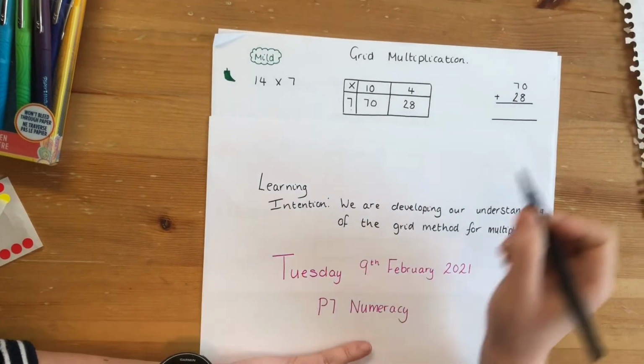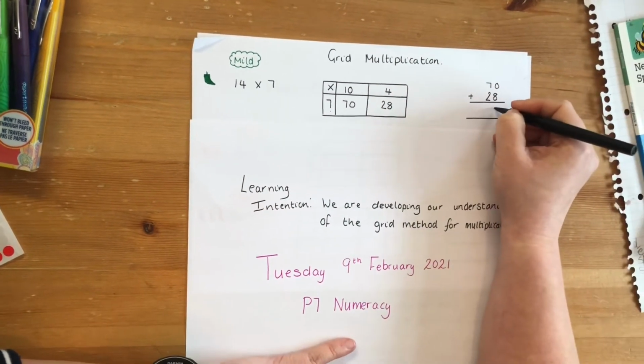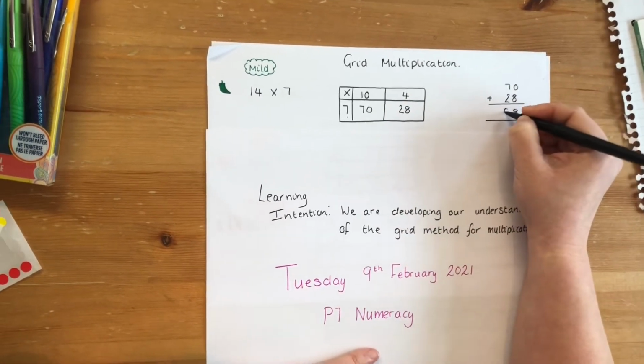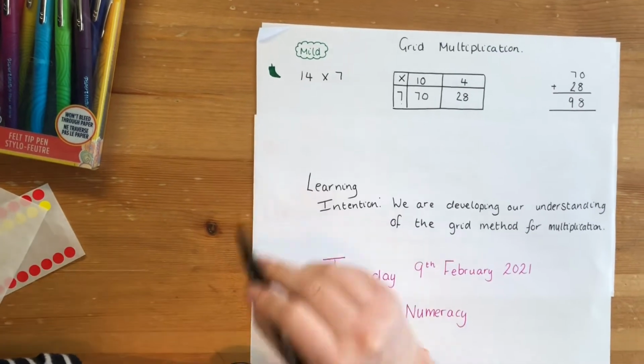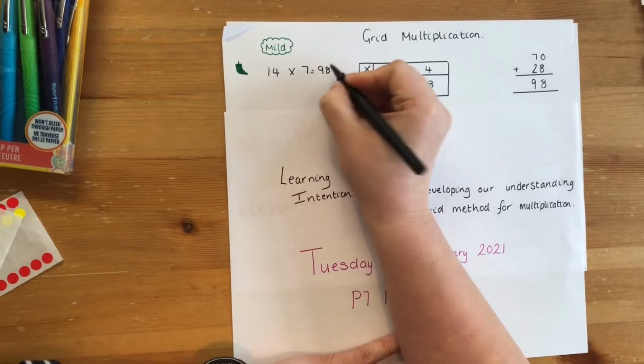Okay, and now we add them together. 0 plus 8 is 8, and 7 plus 2 is 9. So the answer to 14 times 7 is 98.